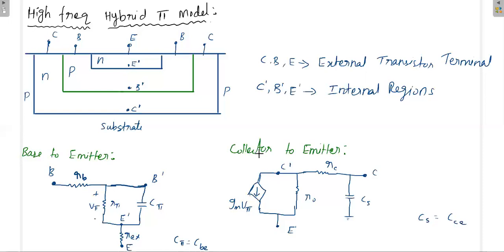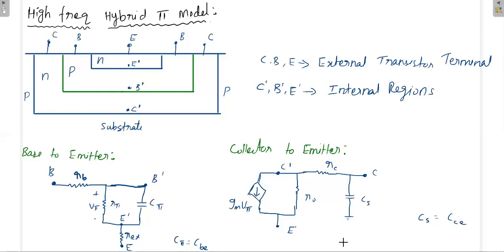Now what is happening between the collector and emitter terminal? Here you know that the collector to emitter terminal is generally reverse biased. And there is gm into V pi, the voltage controlled current source, and there is a resistance R naught between C dash and E dash.